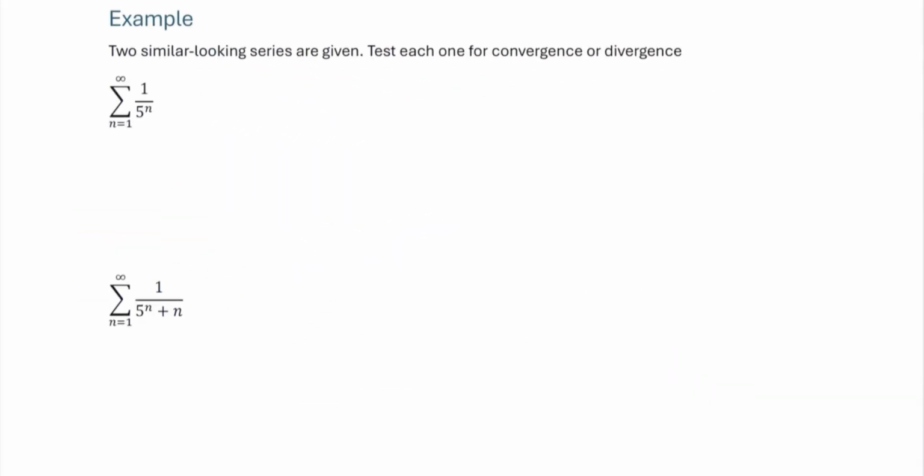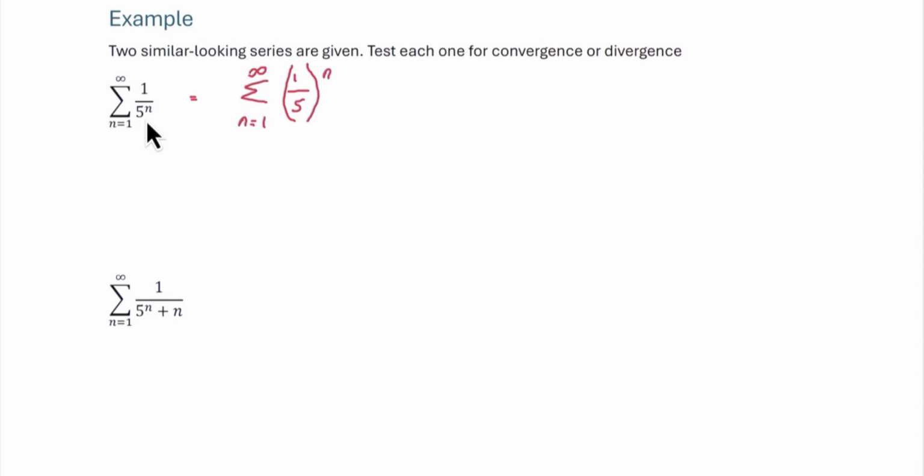In this example, we have two similar looking series. Let's test each one of them for convergence or divergence. This first one we can rewrite as the sum from n equals 1 to infinity of 1 divided by 5 raised to the n.